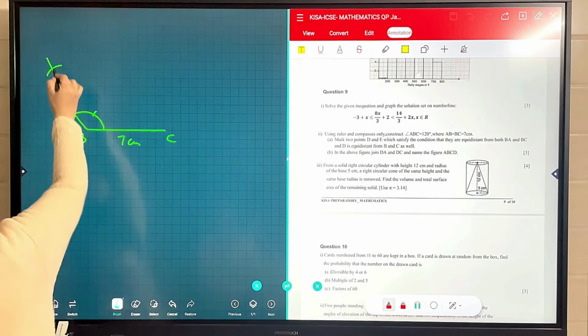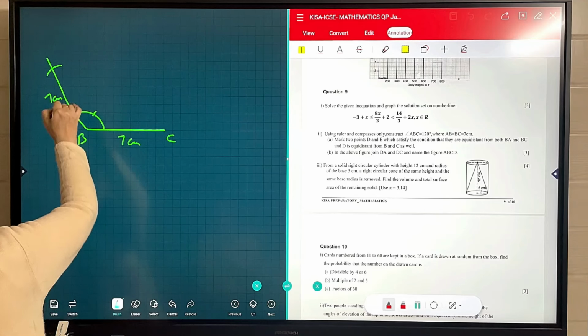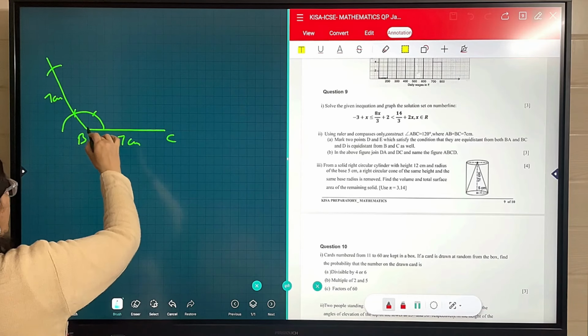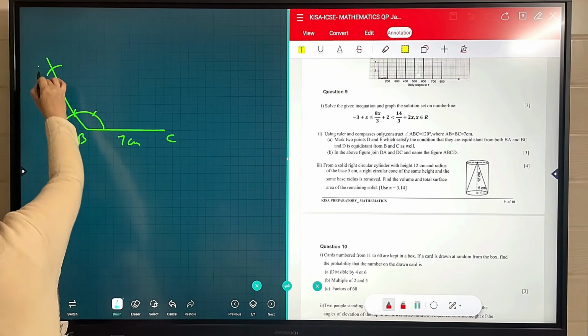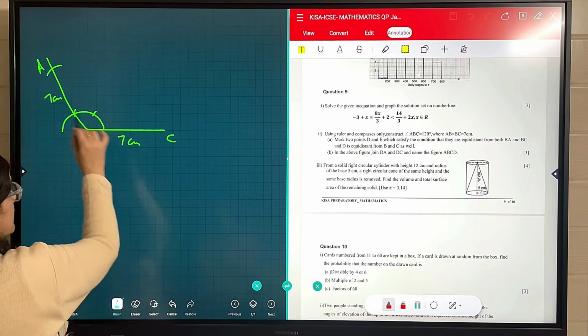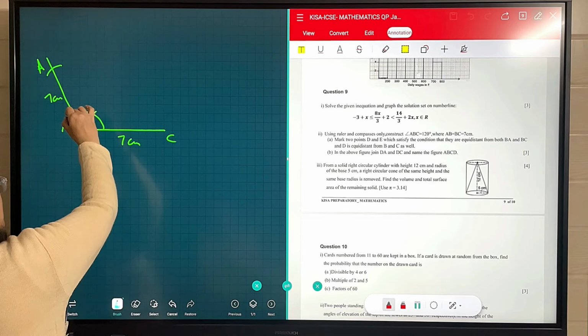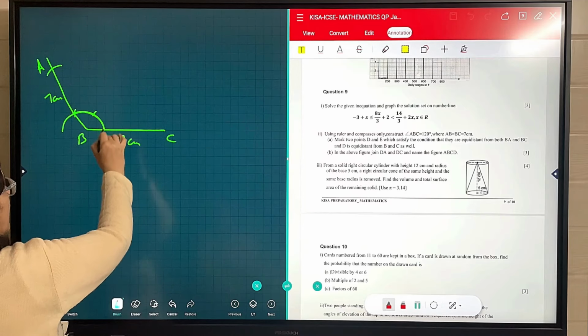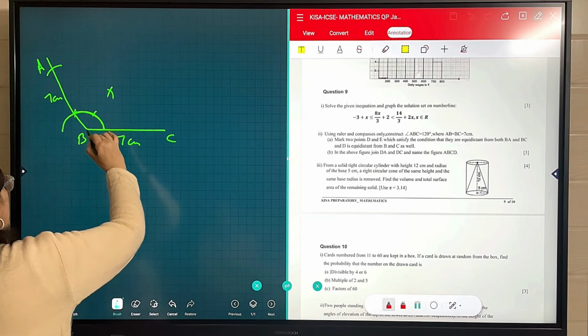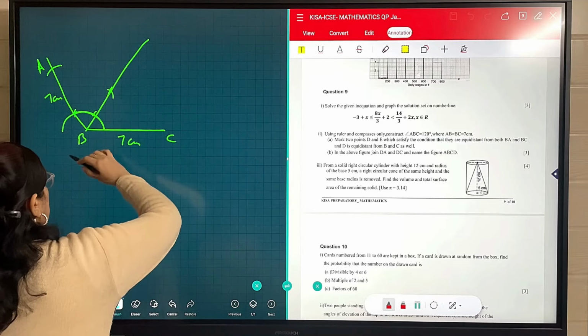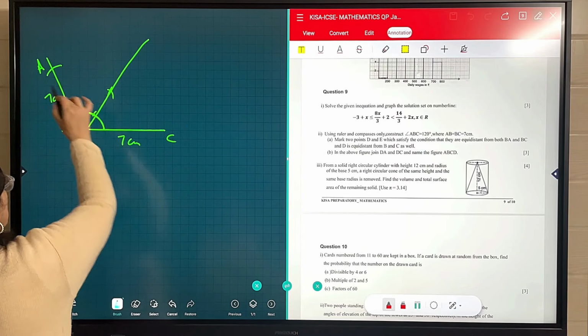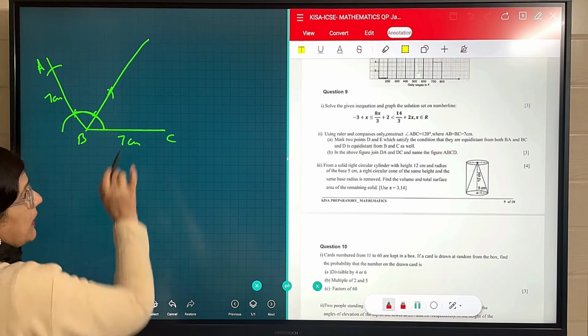So we will mark an arc here, measuring with the scale. This is 7 centimeter. So now BA and BC, these are the lines. So we have to take the angle bisector. For the angle bisector, we have to make an arc and mark one line from here, one line from here. This is the angle bisector. Any point on this line is equidistant from these two lines.